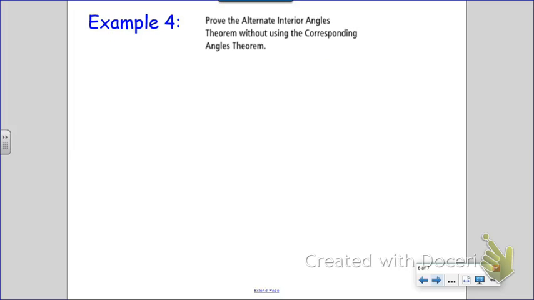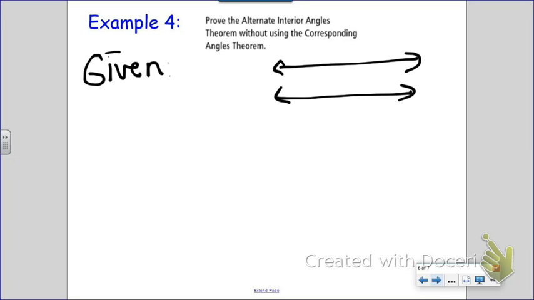Our next example, we're going to show alternate interior angles, or prove that they are congruent, without using corresponding angles in the problem. So we're going to be given, we're going to start with the drawing and use an example.